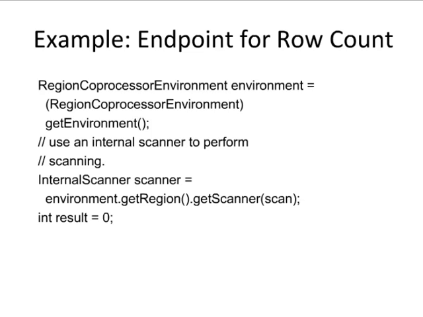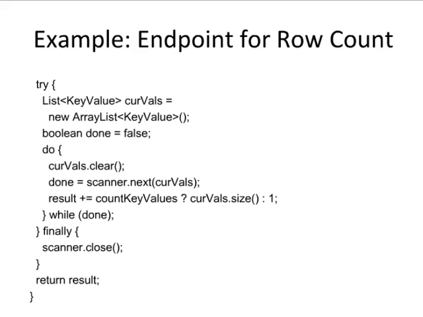On the client side, I have two choices to invoke this: either the coprocessor proxy or coprocessor exec. The difference is that coprocessor proxy gives me a proxy to my method, so I have to invoke it with a separate call.